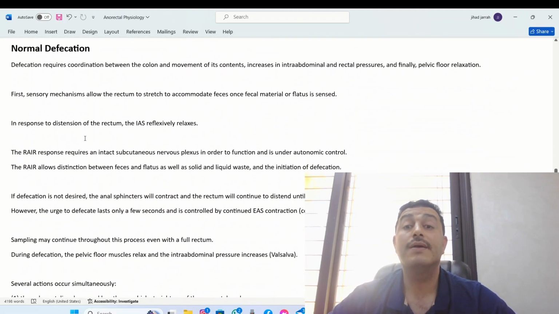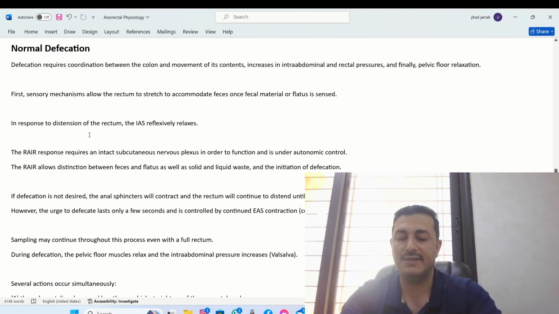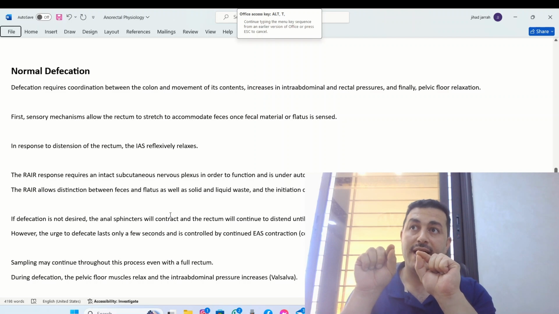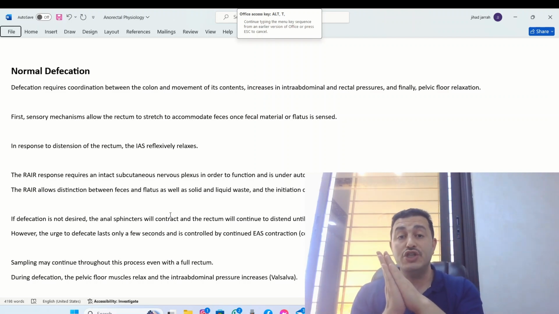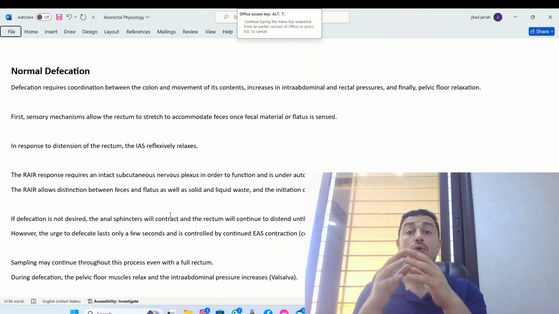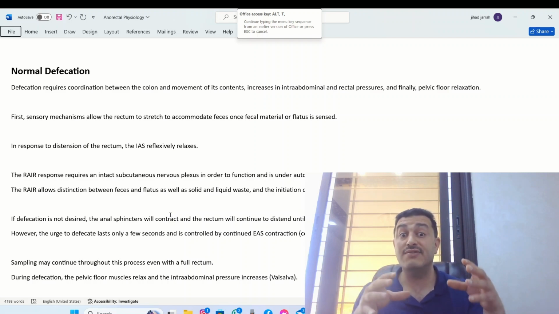Let's move to normal defecation. How do we defecate? We said in the previous topic that with normal continence, the stool reaches up to the proximal anal canal with the help of the rectoanal inhibitory reflex, which is responsible for relaxation of the internal anal sphincter.